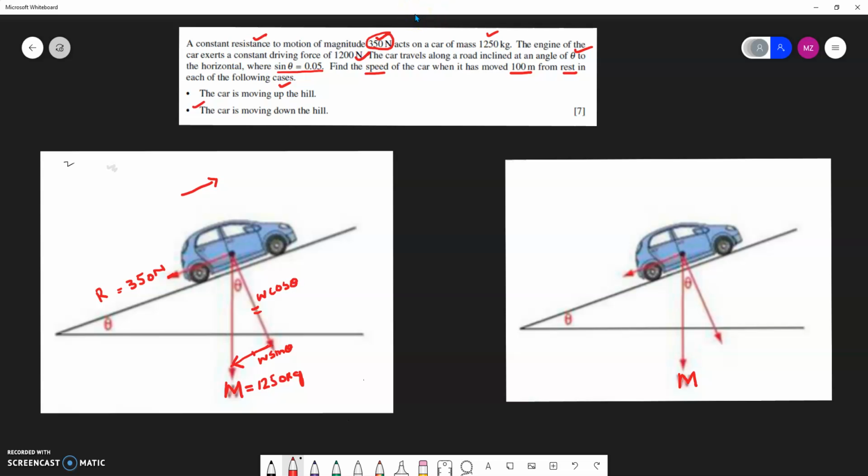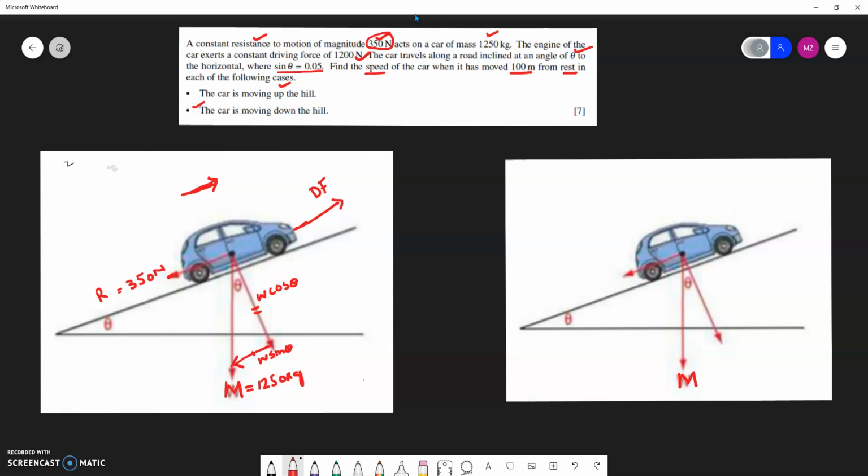Now there is a driving force acting on the car in this direction. These are the forces acting on the car when it is moving up the hill, and we need to find the speed of the car when it has moved 100 meters.